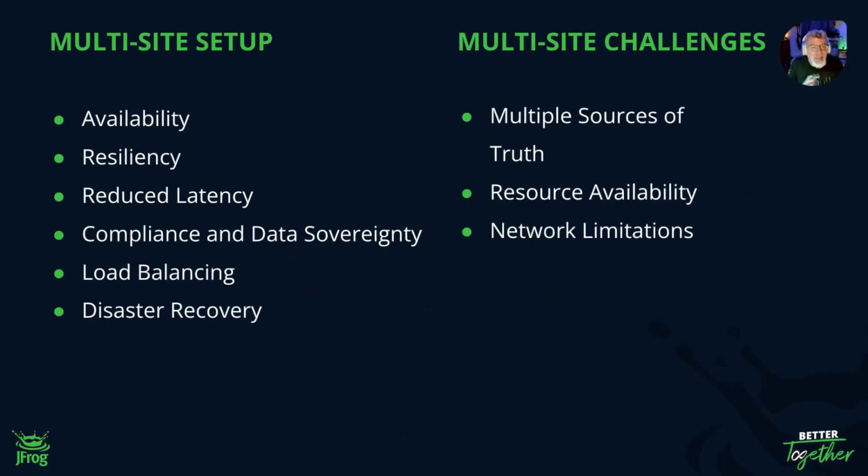What's nice is this helps with things like multi-site setups that people might have. It adds availability and resiliency. You can reduce latency. It helps with data sovereignty. Also, it allows load balancing and distributing the actual load between multiple locations that have different Artifactory instances. Some of the challenges that some face, and this helps with it, is the idea of multiple sources of truth.